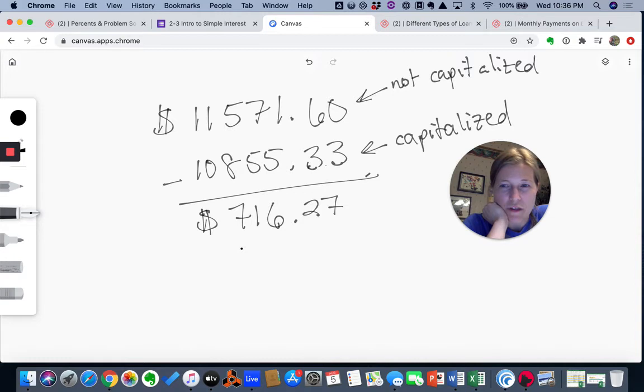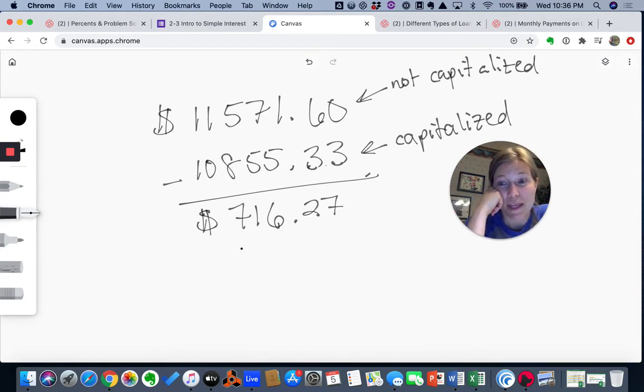$716.27 is worth the freedom of not having to worry about making these interest payments while I'm in school. Theoretically, you have a job, you're done doing homework. Maybe that amount is worth freeing yourself from the added burden of paying that interest.